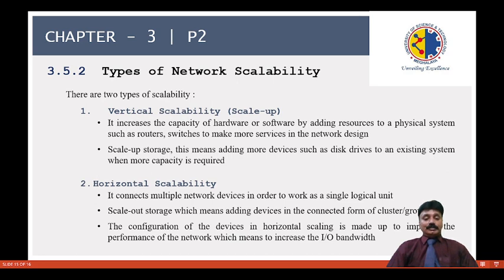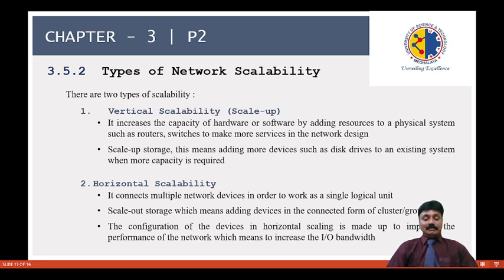Scale out storage means adding devices in the form of cluster groups. The cluster groups are formed which we connect to make horizontal scalability. Finally, the configuration of devices in horizontal scaling is made to improve the performance of the networks, which means to increase I/O bandwidth.